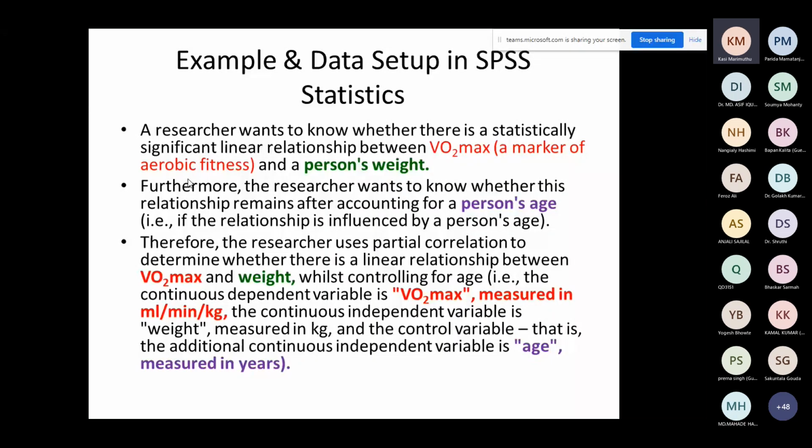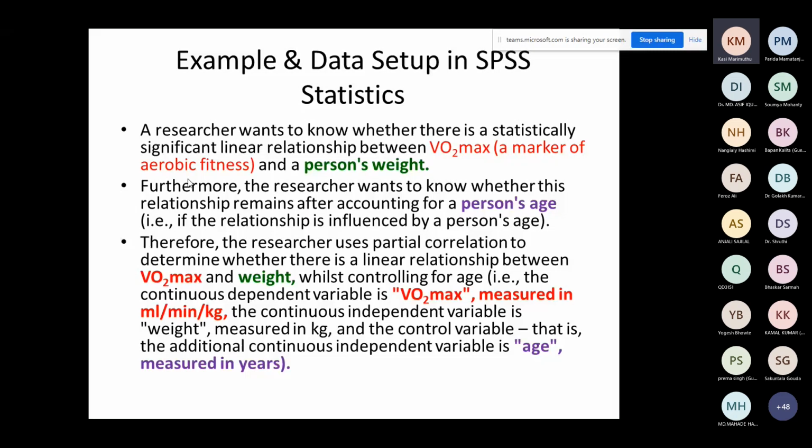So whether this can be related with the person's weight. Someone is heavier, what is their capacity of VO2 max? So person weight is an independent variable. VO2 max is a dependent variable. These two can be influenced by a person's age. For example, someone 20 years old might be 100 kg, someone 70 years old maybe 45 kg.